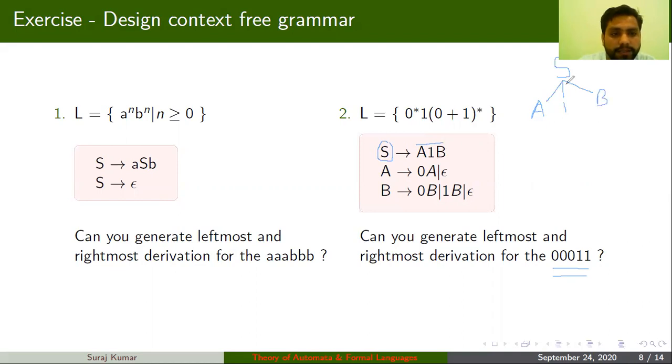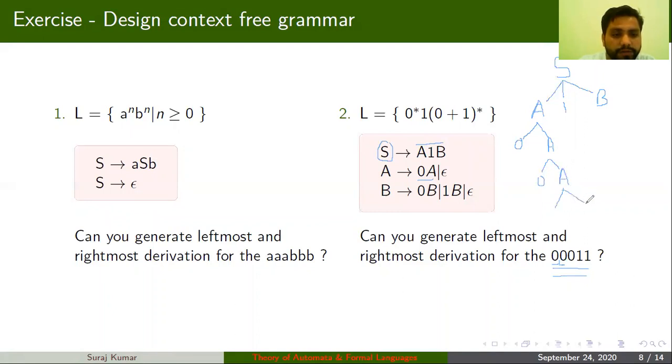So you can write it like this: this S node will have 3 children, A, 1, and B. Now to generate this 0, you can replace this A with which rule? This rule, 0A. So you can replace this A with 0A. Again, to generate the second 0, you can replace this A with 0A.